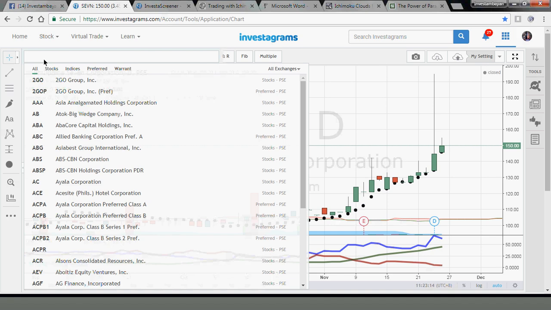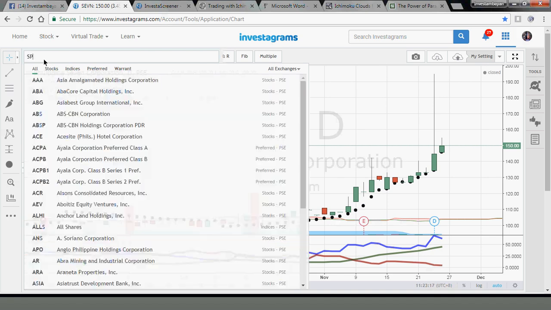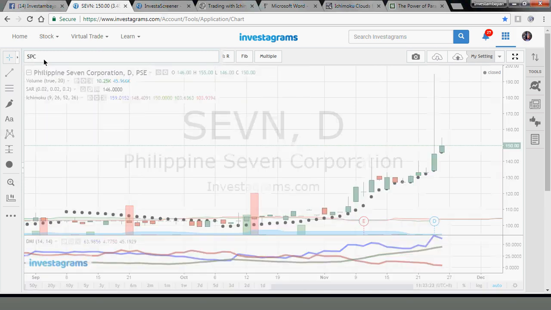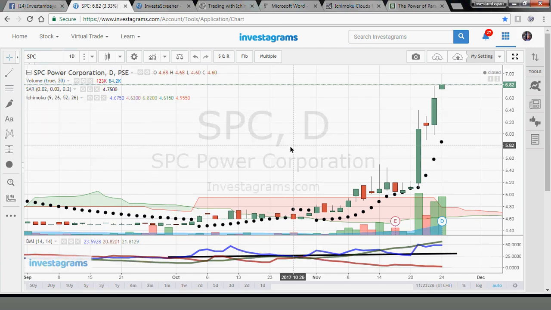Ang ganito pala, kung gusto nyo, tingnan nyo yung mga uptrend na stock. Strong na stock na may short-term pullback, doon kayo pwedeng pumasok. Pero screen nyo siya dito.